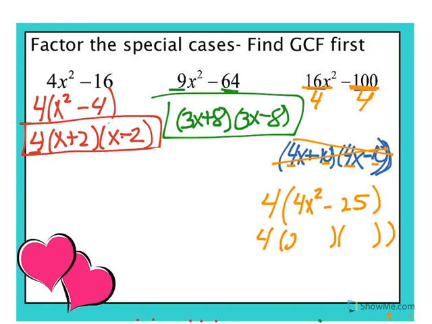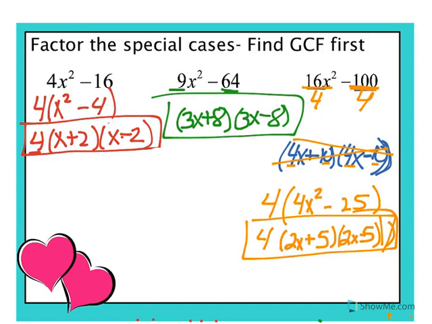The square root of 4 is 2, so they both have a 2x. The square root of 25 is 5. And because there's no term in the middle, one must be positive and one must be negative. So the fully factored, the fully simplified answer is 4 times 2x plus 5 times 2x minus 5.